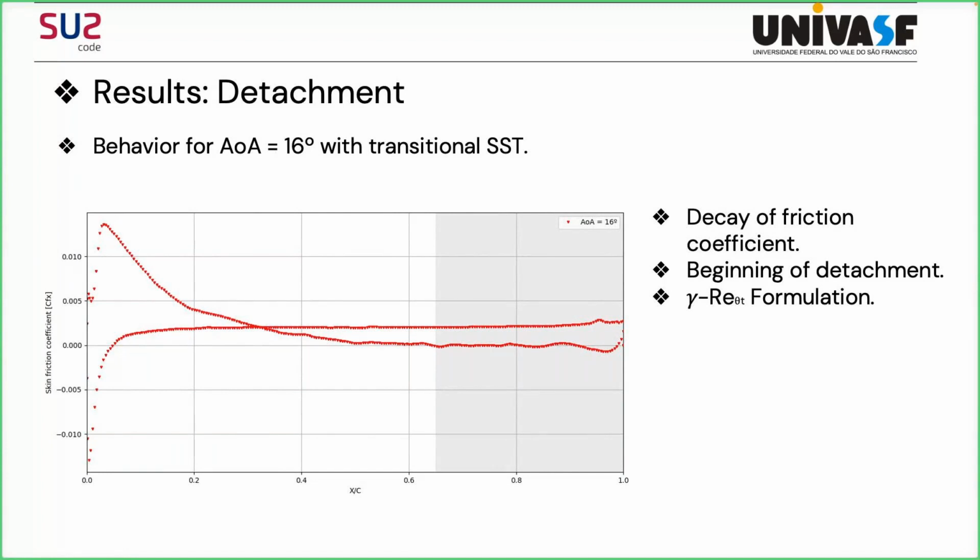This is captured mainly due to the gamma formulation contained in the transitional SST model, which models the transition for gamma values between 0 and 1, where near 0 is more laminar and near 1 more turbulent, becoming more evident in this region where the friction coefficient turns negative.